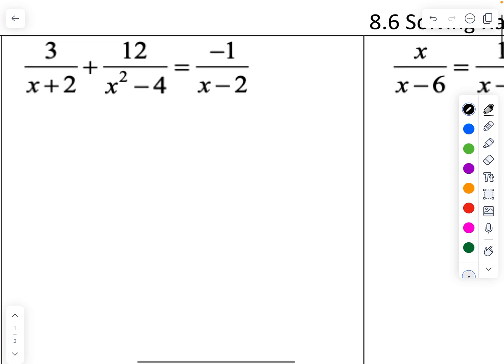So the first thing we are going to do is notice that this is factorable. So we're going to rewrite the problem in most factored form.